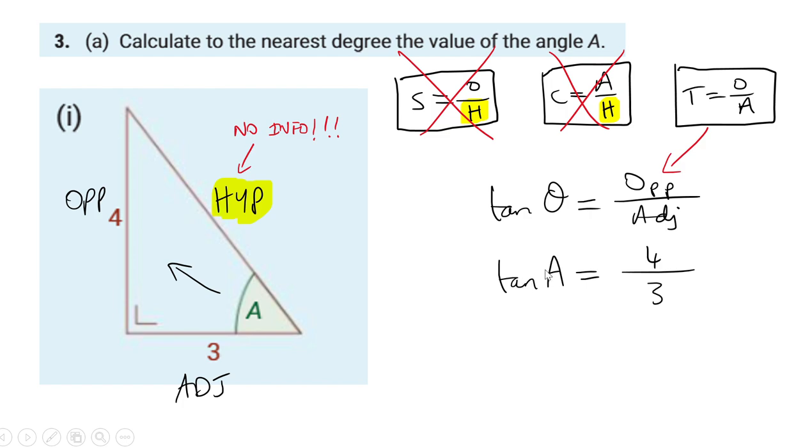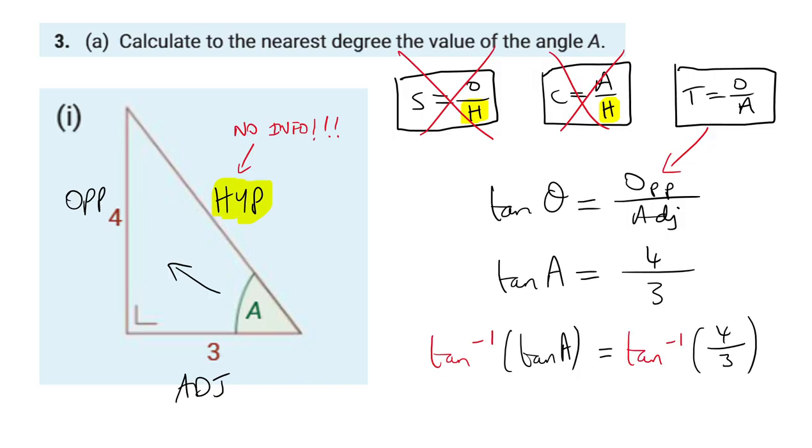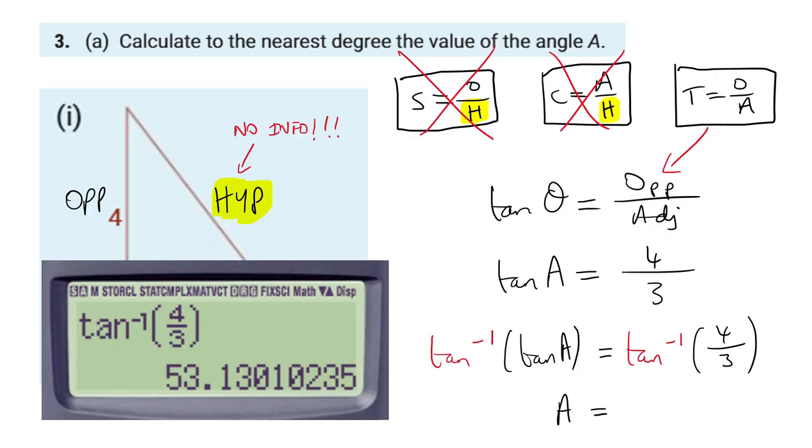The opposite of tan is tan inverse. You take the tan inverse there and you get, so you do that to one side, you must do it to the other. But basically we get A, and then we get the tan inverse of 4 over 3, which gives us 53.1301, and we give our answer. I'm going to give it correct to the nearest degree, which is 53 degrees.